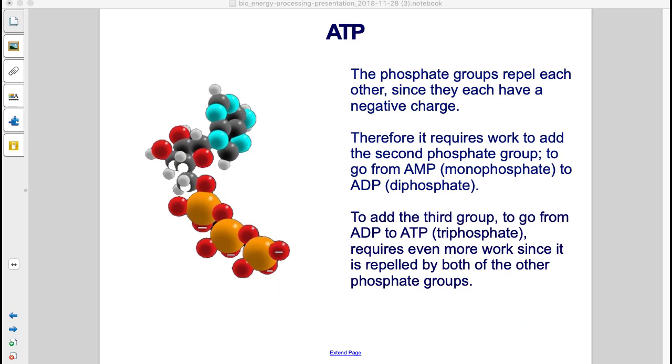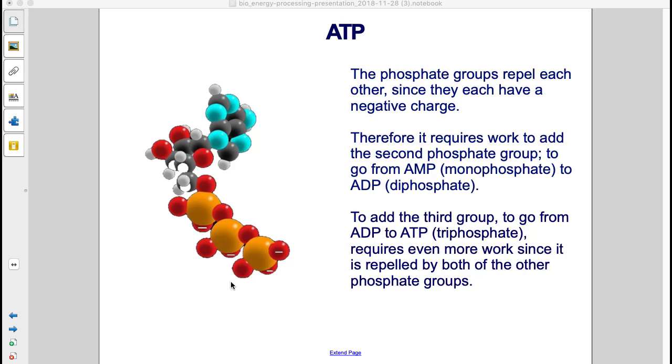The phosphate groups repel each other since they each have a negative charge. Therefore, it requires work to add this second phosphate group to go from AMP, which is a monophosphate, to ADP, a diphosphate.